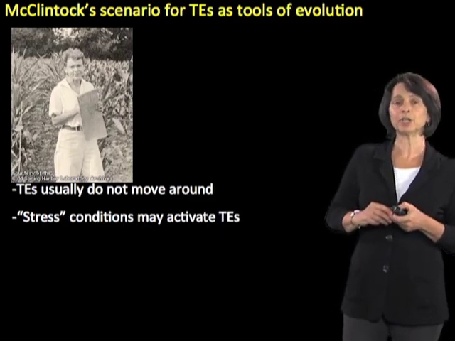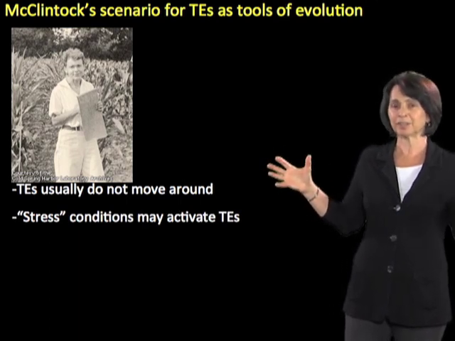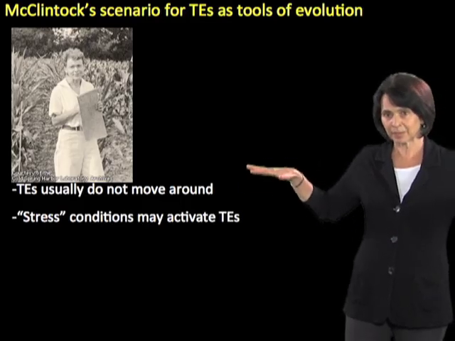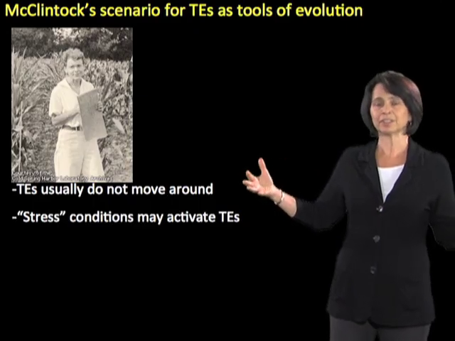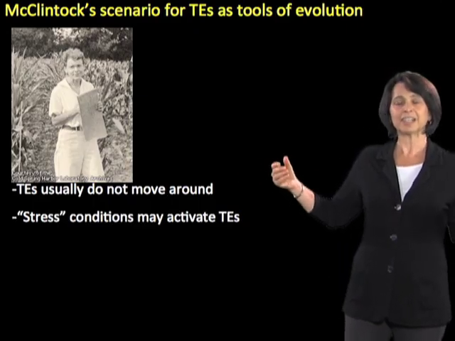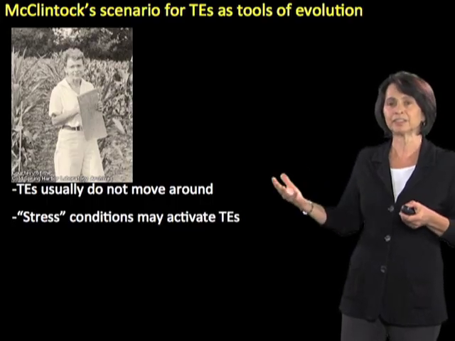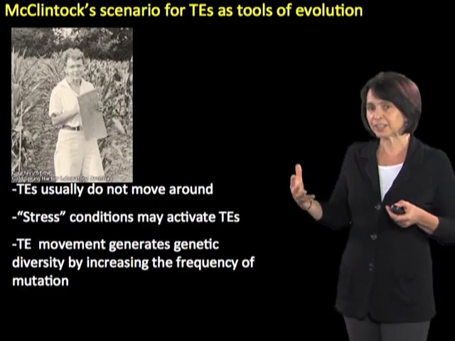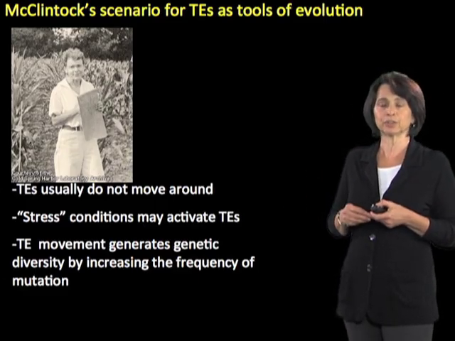So genomes have a stash of transposable elements. Most are inactive, some are active. And the host is keeping them inactive by these epigenetic mechanisms. But if something happens to the host, or the host population, some of these transposable elements can be activated to move around. The significance of that is that the movement of transposable elements will generate genetic diversity.